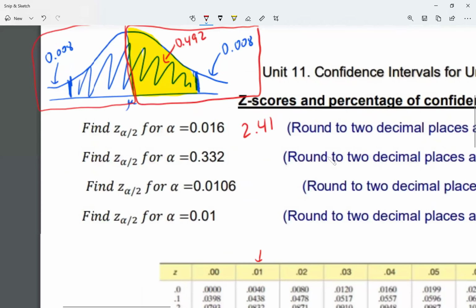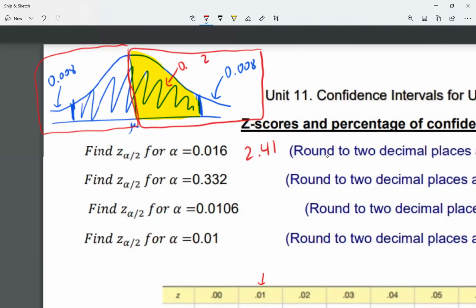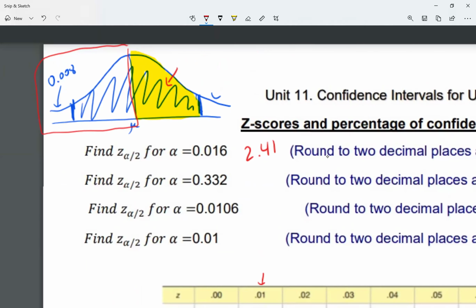Now let's take a look at this next question. So let me erase this. Okay, so now my number here is 0.332. Let me break that into half.